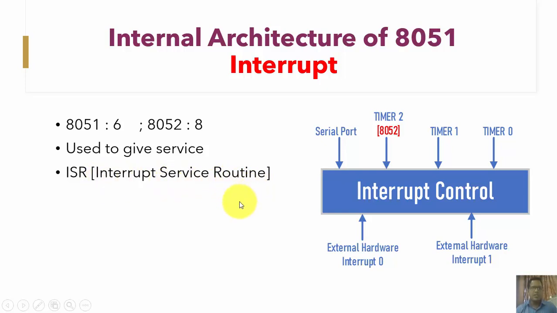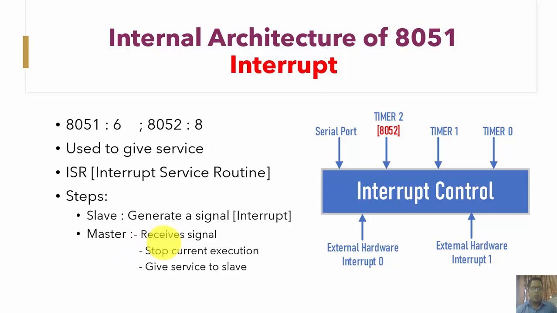So simply, consider one scenario with an architecture like this. One is a master and another is a slave. Whenever the slave wants some urgent execution or service from the master, the slave generates one special signal, and that signal is called an interrupt signal.